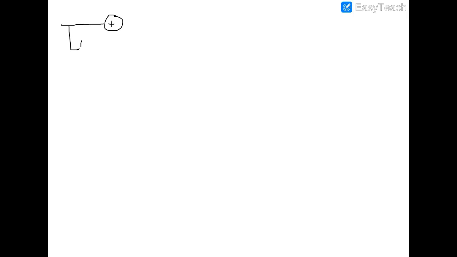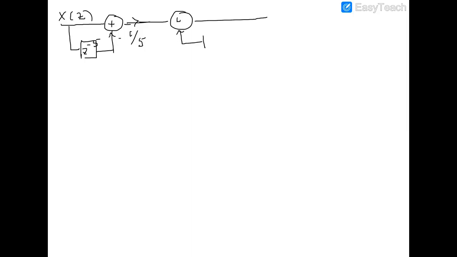So this is z to the power minus 5, and this goes like this, and it is 1 by 5. Plus, it is z to the power minus 1.